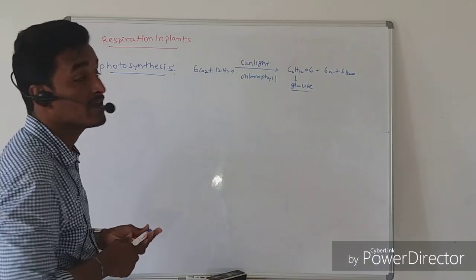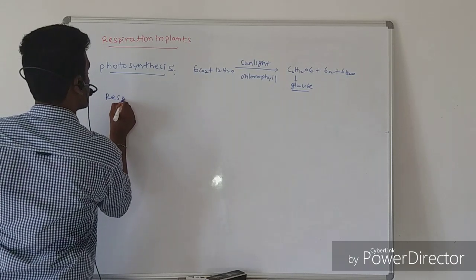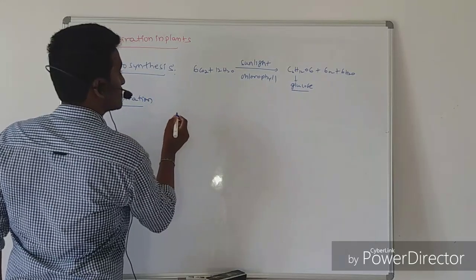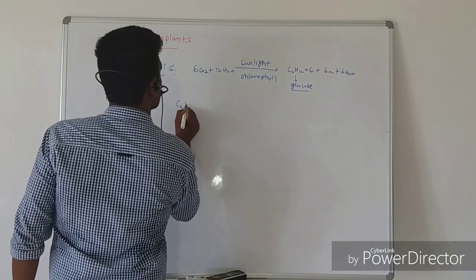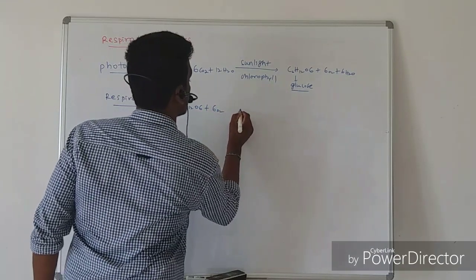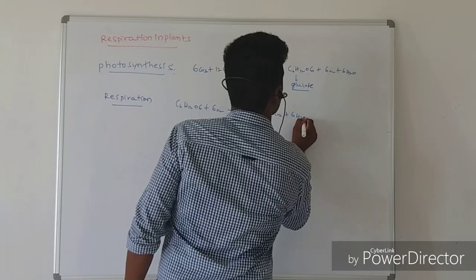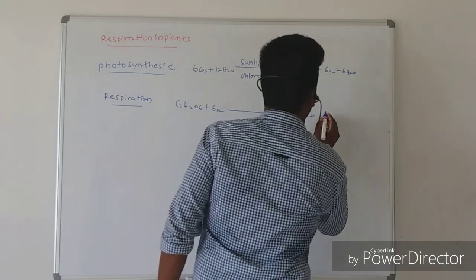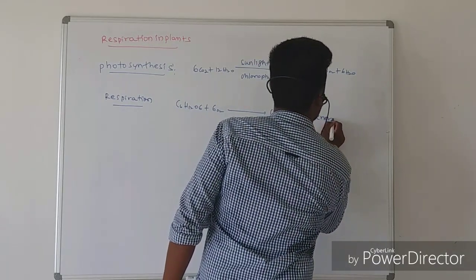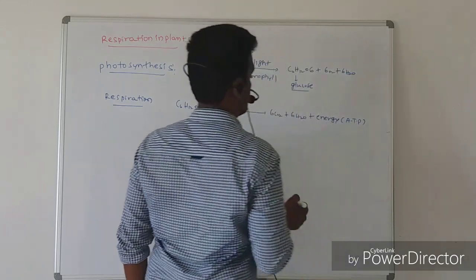What is the equation related to respiration? C6H12O6 plus 6O2 gives 6CO2 plus 6H2O, and along with that energy in the form of ATP.